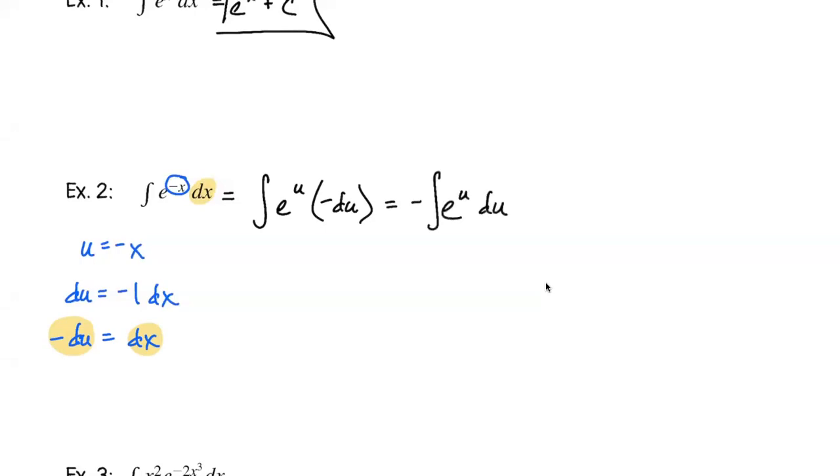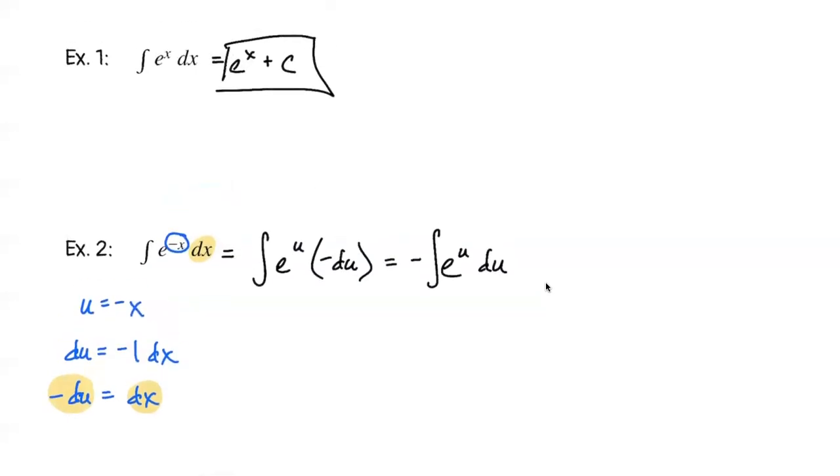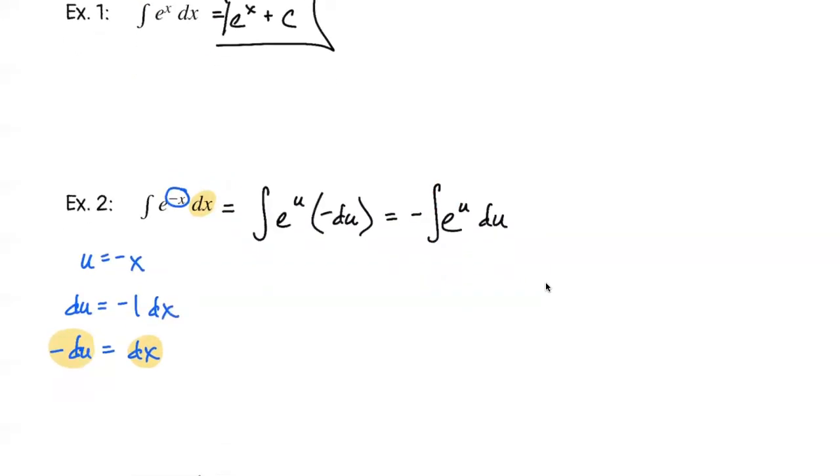Now, if we look at the integral part, the integral of e to the u du is basically the same as the integral of e to the x dx. So now we can take our integral and we get negative e to the u plus c. The question was asked in terms of an x, so I better answer in terms of an x. So we get negative e to the negative x plus c.